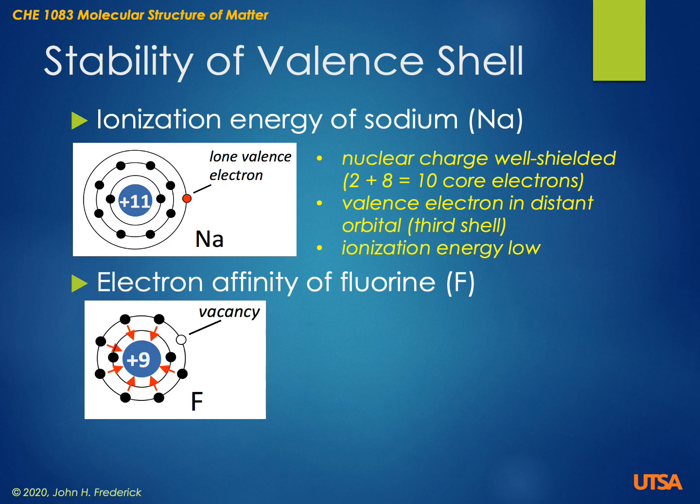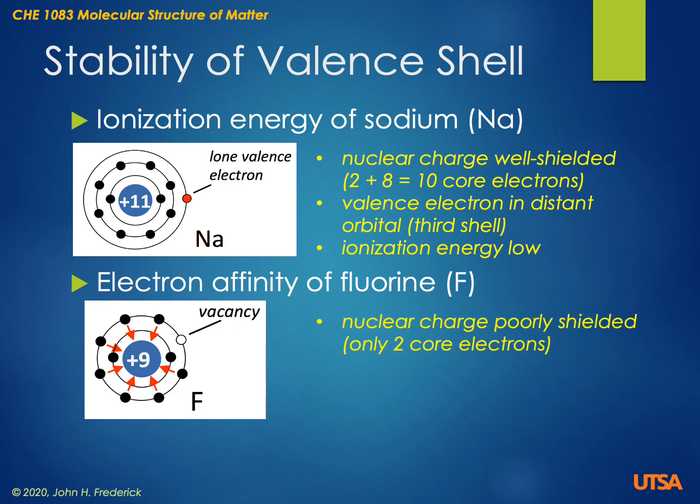It means that fluorine only has 2 core electrons, so it's not very strongly shielded at all. Those valence electrons, which don't shield each other very well, are all feeling a very strong attractive pull toward that nucleus. The nuclear charge isn't shielded well. With a vacancy in the valence shell, electron affinity is going to be very strong.